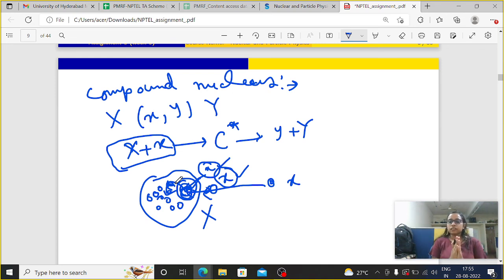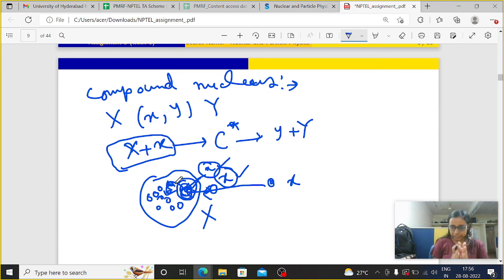So what is the compound nucleus? The compound nucleus is the case when small x is totally absorbed by the target nucleus. This type of state is known as the compound nucleus state, where small x is totally absorbed by capital X, and we make a different type of nucleus which is known as C star. And why is it star? It is always star because there is a disturbance among all the nucleons due to the presence of small x inside the capital X nucleus.